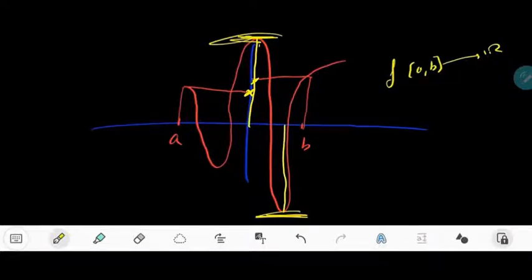That's why the maximum and the minimum of the function on AB are two values reached at some given points that are of course between A and B, but they are not necessarily A and B unless the function is increasing or decreasing. If the function is increasing, then the maximum is at f of B and the minimum is at f of A, and if the function is decreasing, the maximum is at f of A and the minimum is at f of B.